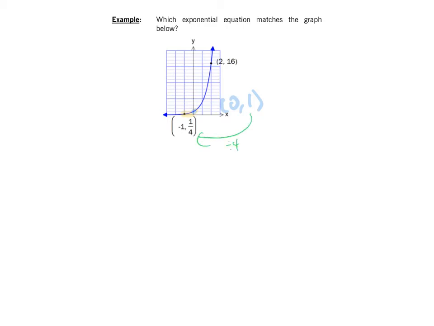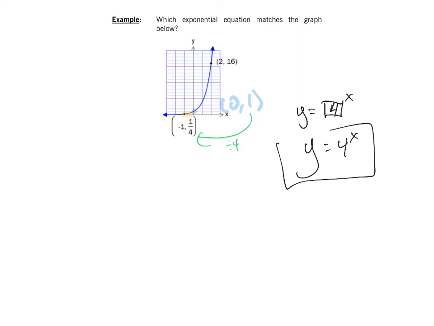Well, we divide it by 4. So that should kind of make your spidey senses tingle a little bit. And it's going to be y equals something to the x. If we're dividing by 4 to get to a successive value, then that tells us that this is going to be a 4. So it's going to be y equals 4 to the exponent of x, just like that.